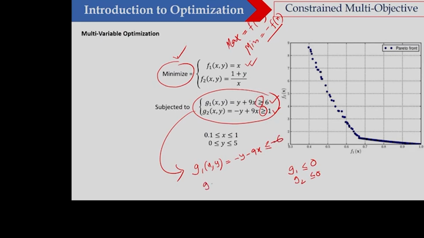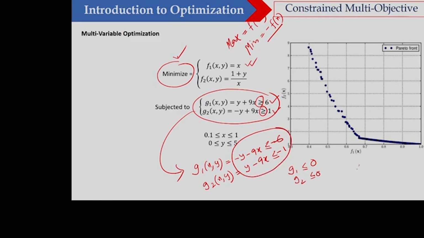Similarly, for g2(x, y), I will multiply by minus 1, then I will get y minus 9x less than or equal to minus 1. So, now this is your less than or equal type constraint.